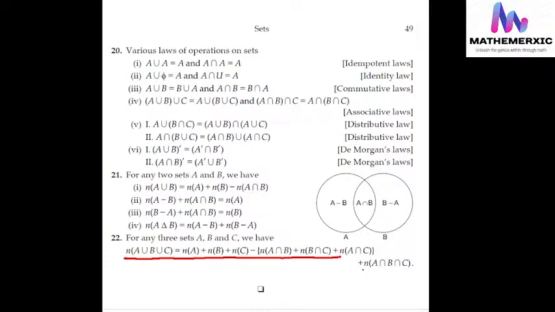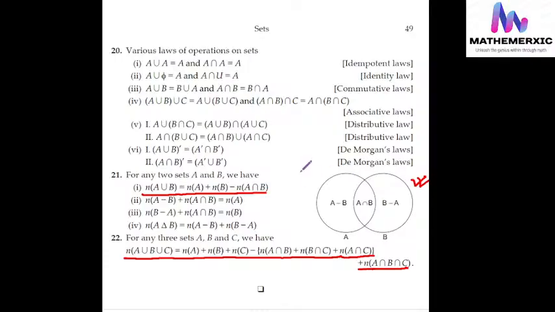This is an important formula to be used. The number of elements of A union B is the summation of these two minus the subtraction of the intersection. These are the most common formulas.